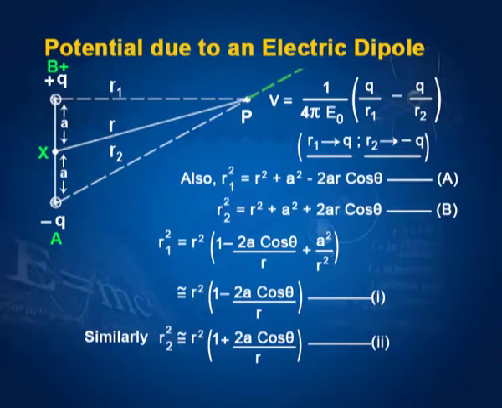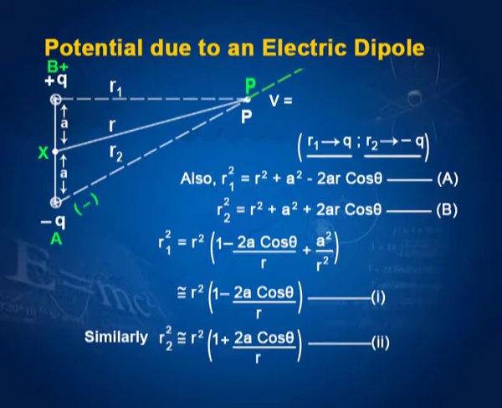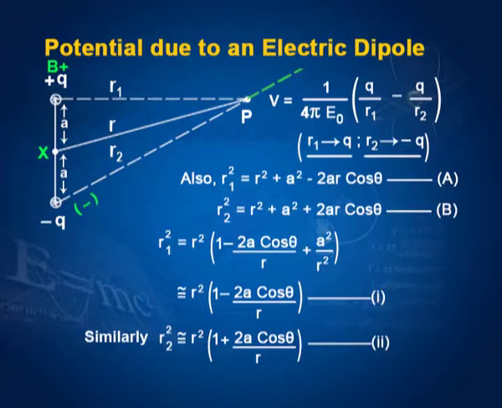This one is the negative charge, it will attract, so the sign will be positive: 1 by 4 pi epsilon naught times q by r2, where r1 is the distance between the charge at point B and the point P, and r2 is the distance between point A and point P.